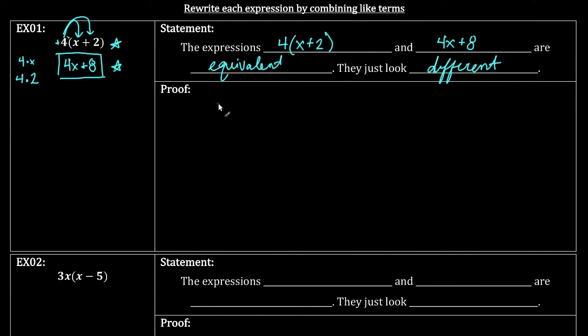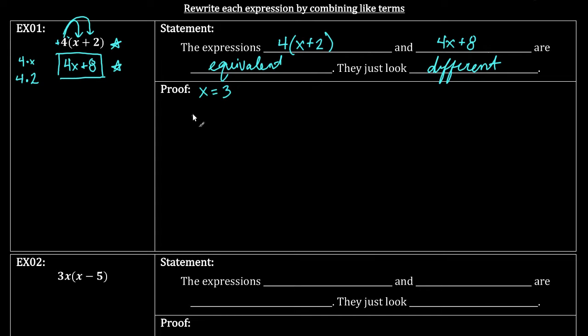Okay, so how do we show that they're equivalent? Remember, we substitute in any value of x. Remember to be careful about 0 because it makes multiplication weird. So let's go ahead and make x 3.